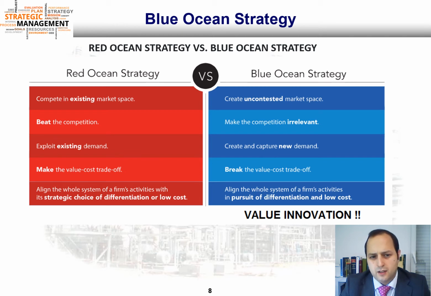Some characteristics of the red ocean strategy are that you have to compete in an existing market space. You have to beat the competition to be successful. You have to exploit existing demand, and you have to make the value-cost trade-off. And you have to align the whole system of a company's activities with the strategic choice of differentiation or low cost, as we have seen.